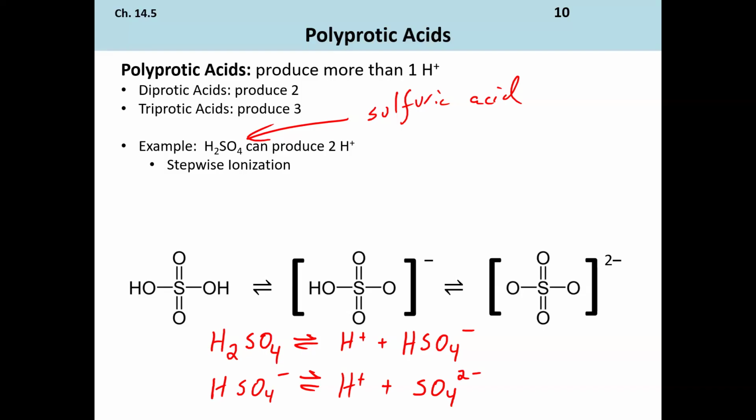These are both reversible reactions. So what does that mean they both have? They have K values. We call them Kas because they're acids. We call the first one Ka1 and the second one Ka2.